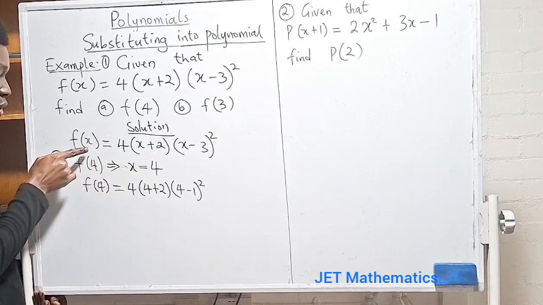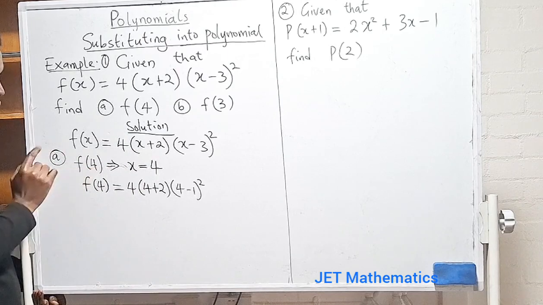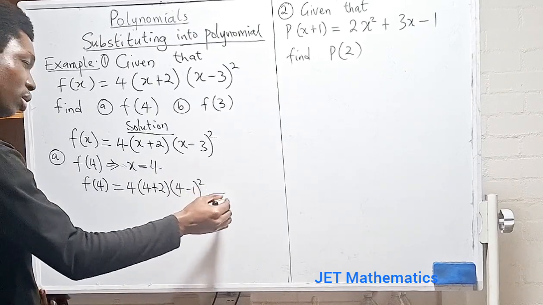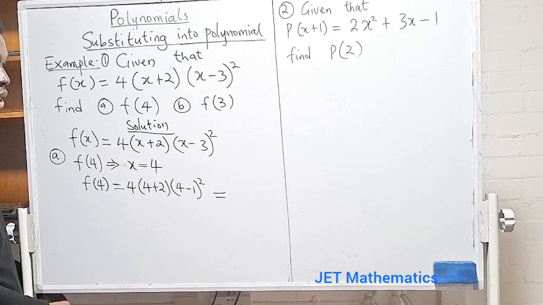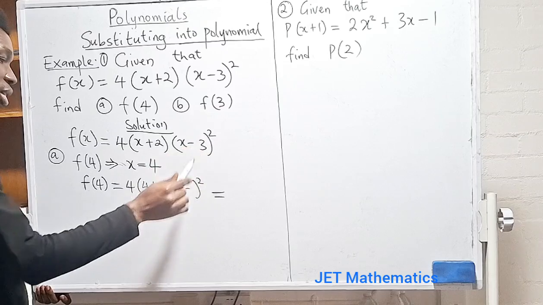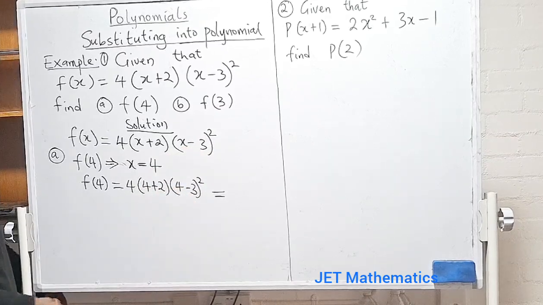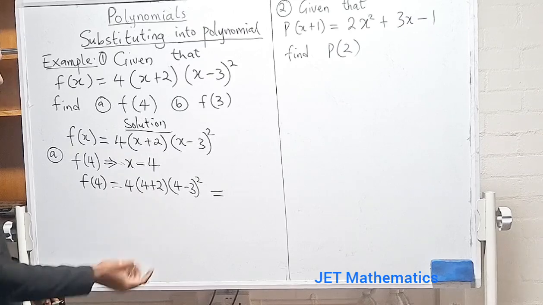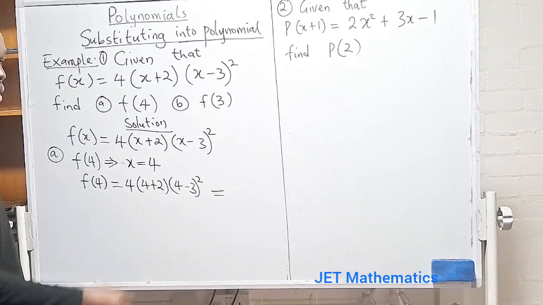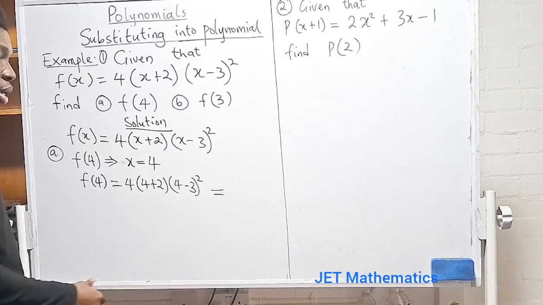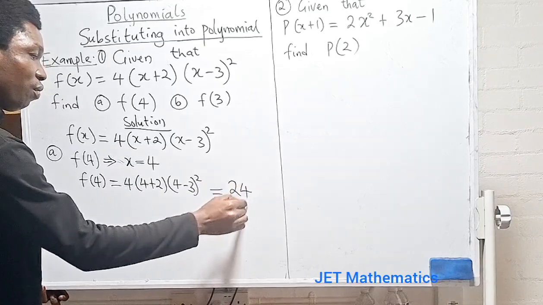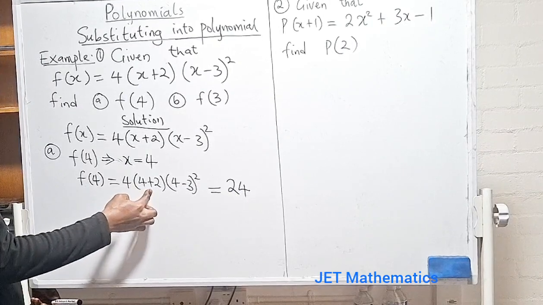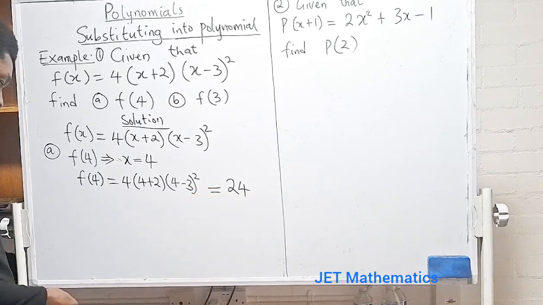Now we simplify: 4 minus 3 is 1, 1 squared is 1, then 4 plus 2 is 6, so 4 times 6 is 24, 24 times 1 is 24. Okay, that is quite straightforward.